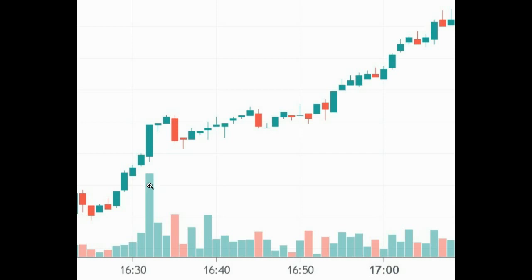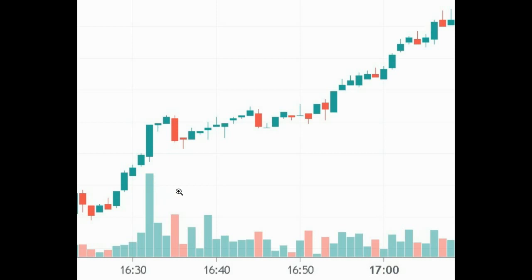Well, there's nothing wrong with that, but I don't believe that those small traders have enough power to create a volume bar this big. It's probably the billion-dollar traders, the hedge funds, the institutions, the big money players. Some people call them the whales.